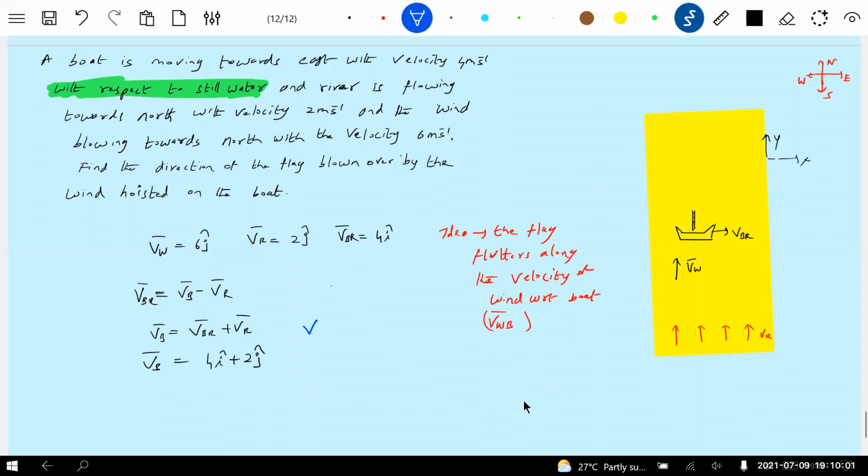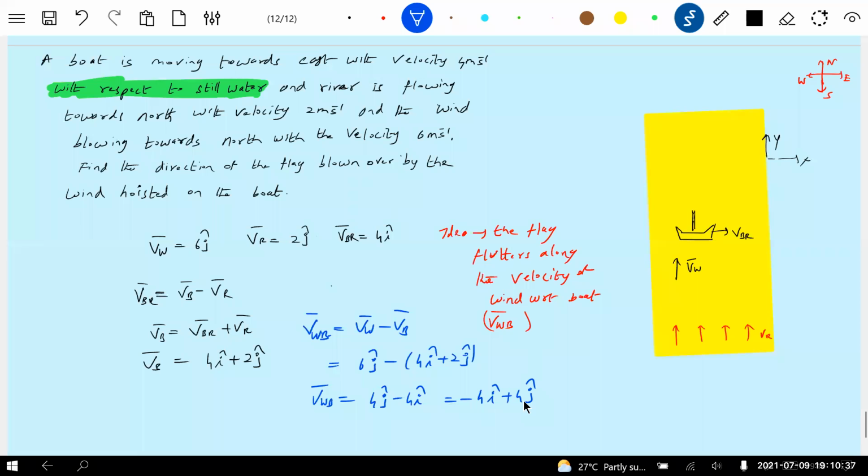VWB bar is VW, 6j cap, minus VB: 6j minus 2j will be 4j, minus 4i cap, so minus 4i cap plus 4j cap.